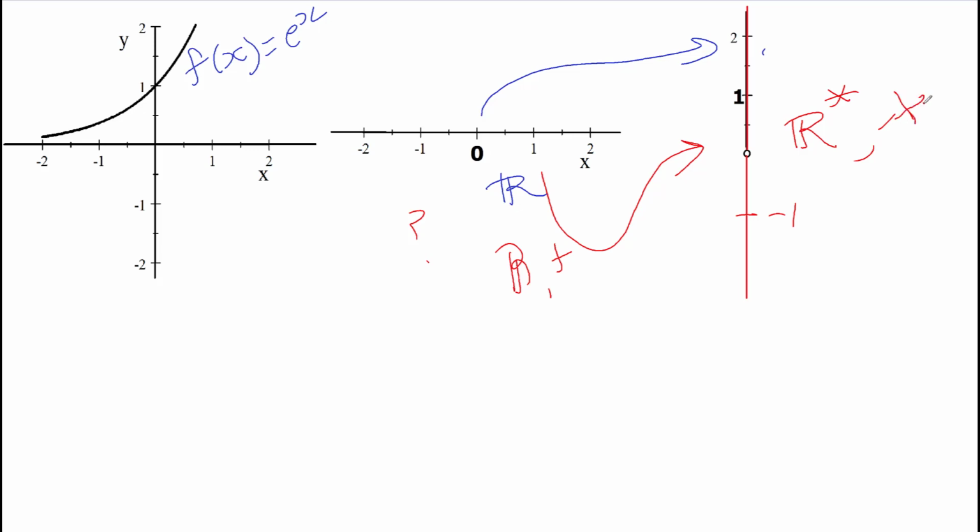Sorry, this is multiplication, and this is of course the set of non-zero real numbers, and we are looking for a phi such that phi from R to R star is an isomorphism. And notice one thing, that 0 is already assigned to 1 if phi is an isomorphism between these two.